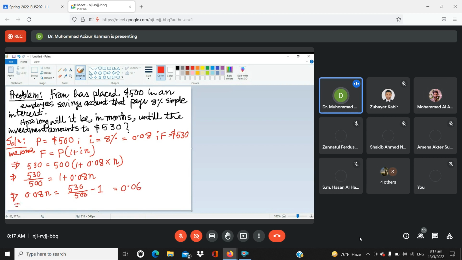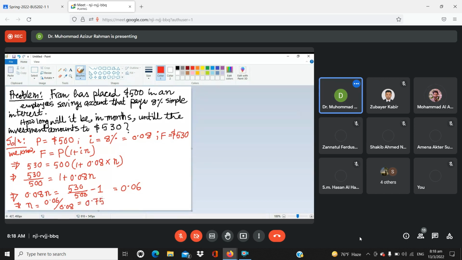So the value of n equals 0.06 divided by 0.08, which is 3 by 4. That means 0.75, right? Yes, sir.